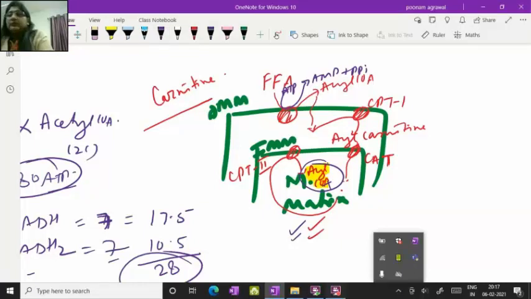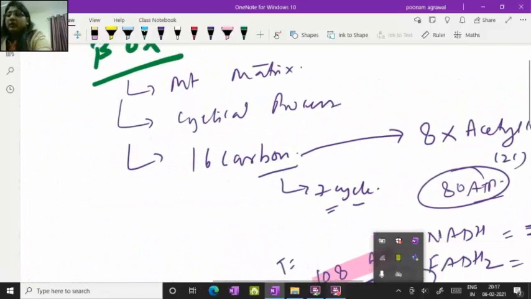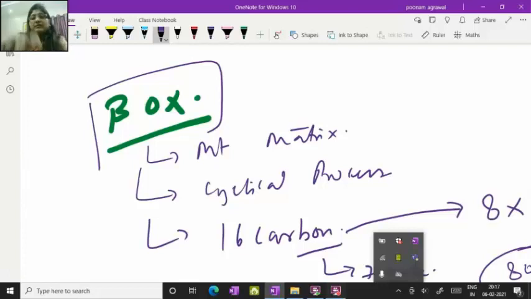So whenever you are being asked about beta oxidation, you should have an overview of the complete conceptual knowledge of this process. It is a process which occurs in the mitochondrial matrix, but for fatty acid to reach there, you need the carnitine shuttle, which spends 1 ATP and 2 high energy phosphates.